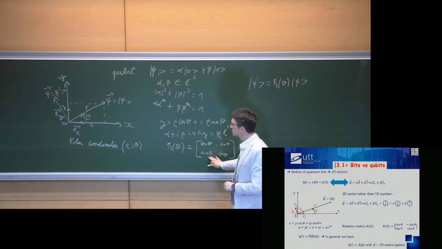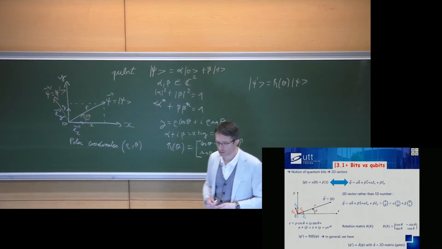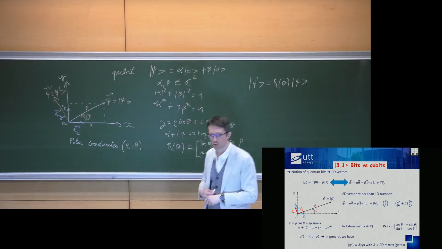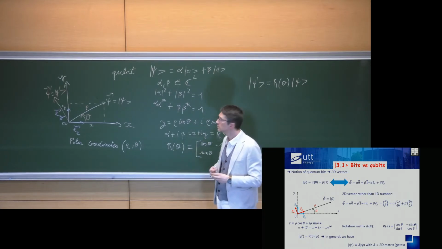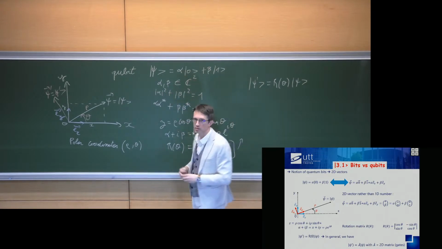And though this rotation is actually what we will call later on a gate. It's a quantum gate where you manipulate the state of your qubit from one state to another by modifying the coefficients, for instance.